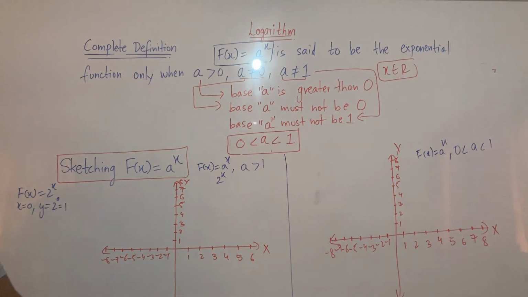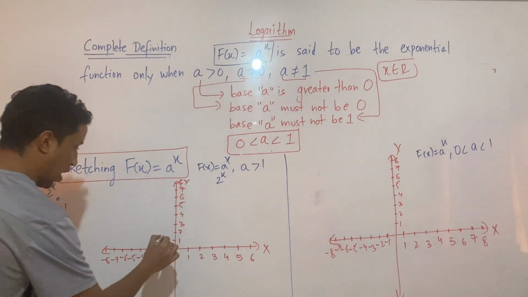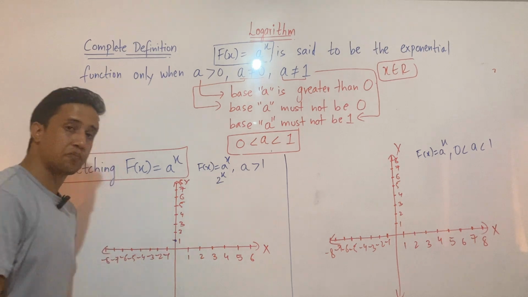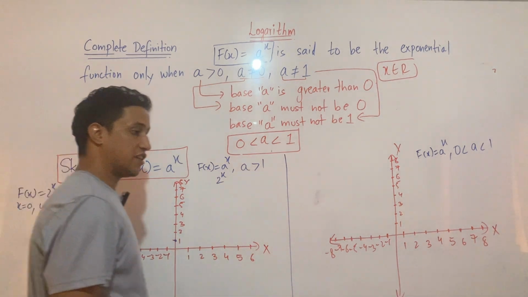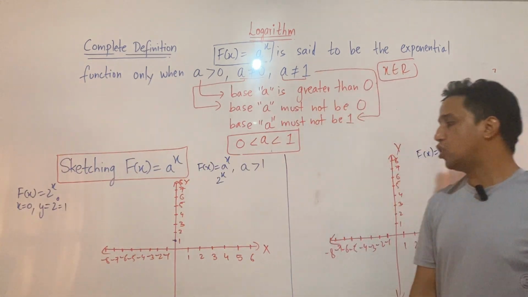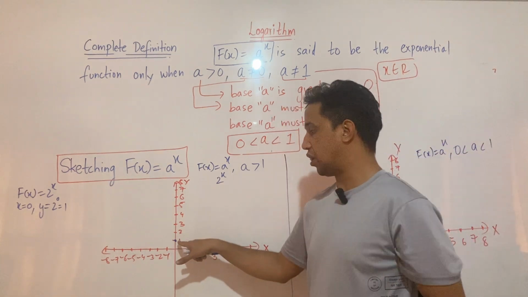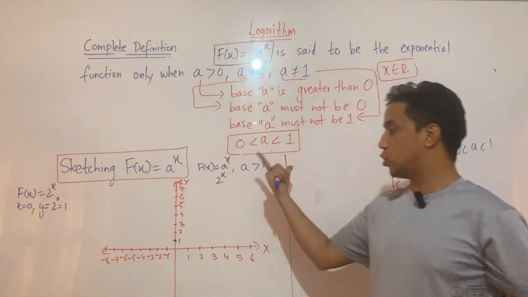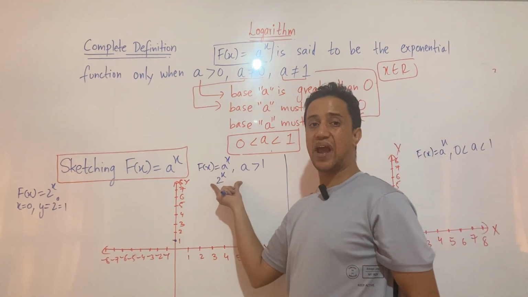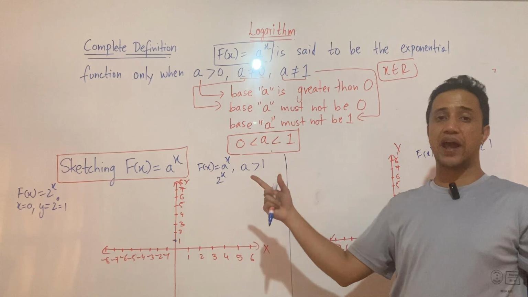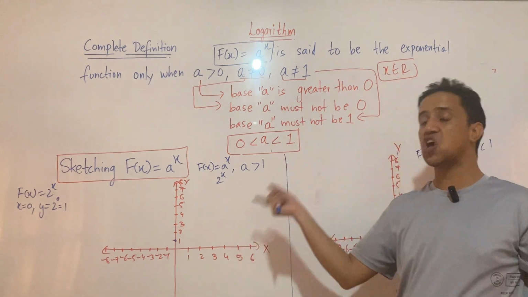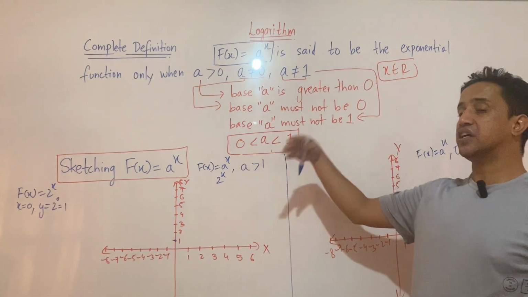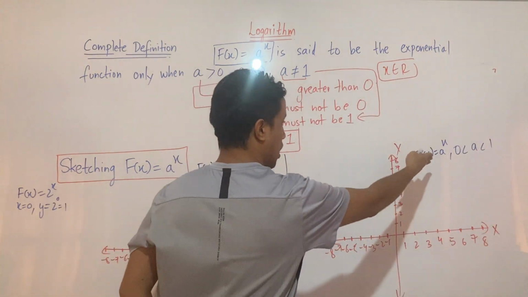So at x equals 0, y is going to be 1, meaning this point. This is a very important point in exponential functions, because all the exponential functions will pass through this y-intercept. No matter whether you draw the graph of 2^x or 3^x or 4^x or 10^x or 20^x, all the graphs will pass through this point. The same goes for this one too.